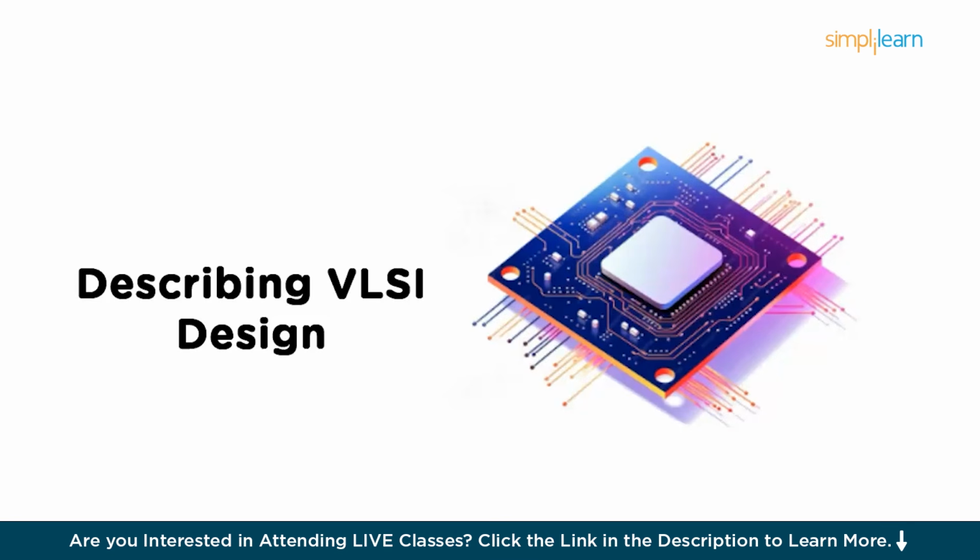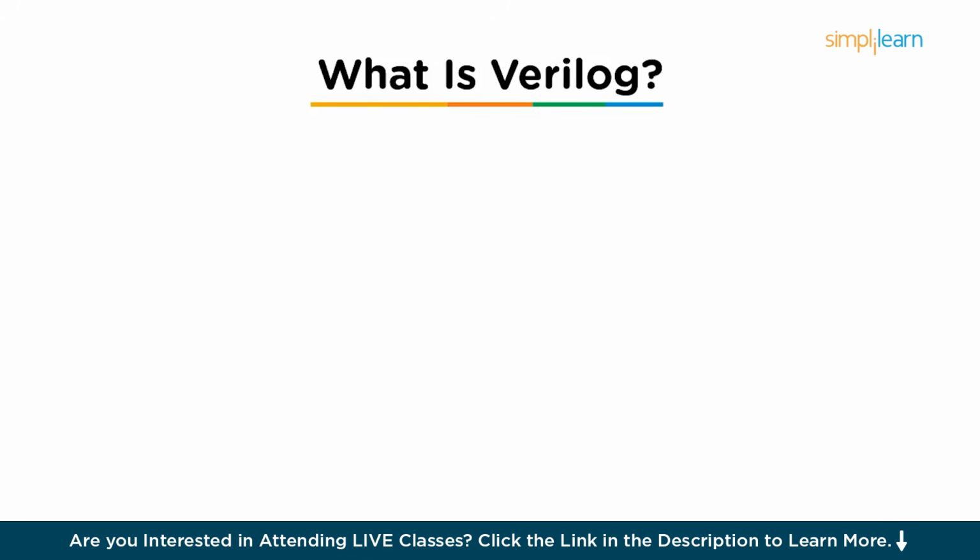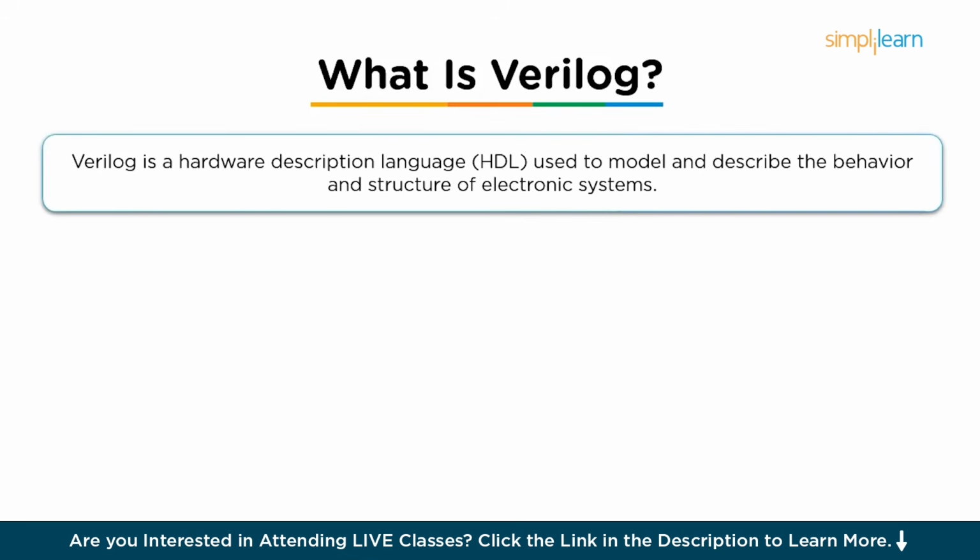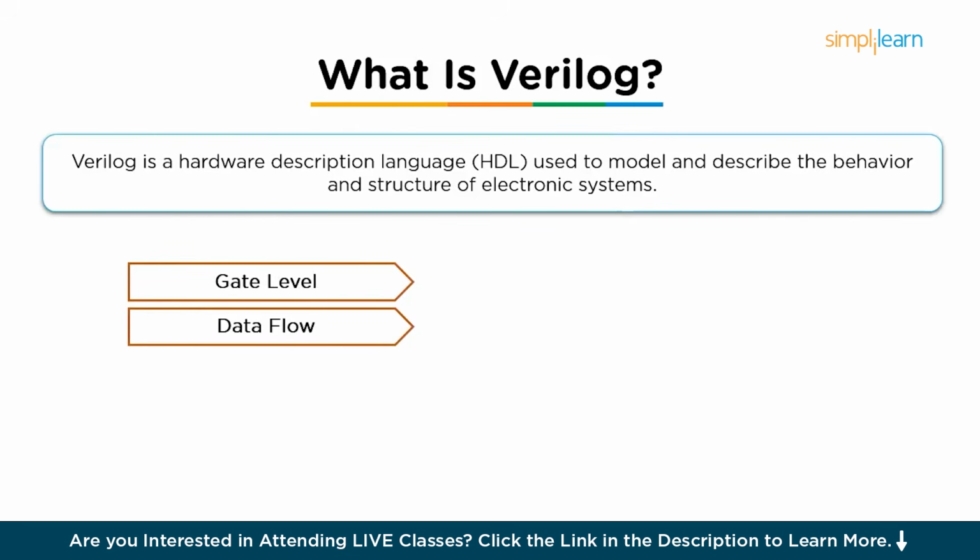So let's start with what is Verilog. Verilog is a hardware description language (HDL) used to model and describe the behavior and structure of electronic systems. It is one of the most widely used languages for describing digital circuits and systems at different levels of abstraction, including the gate level, data flow level, and the behavioral level.